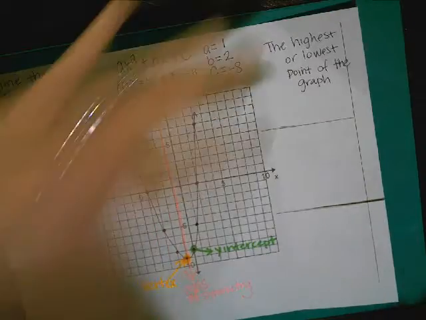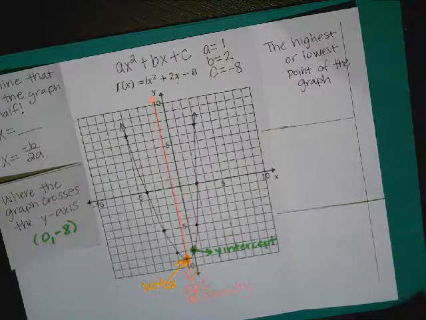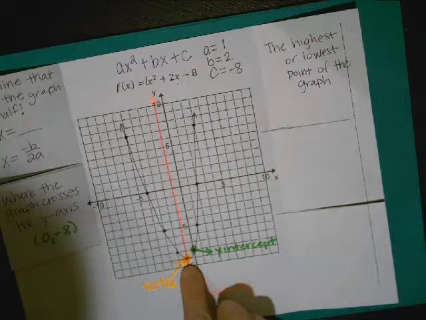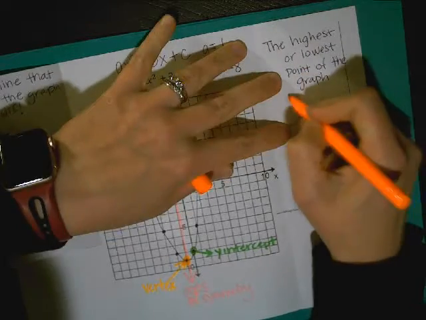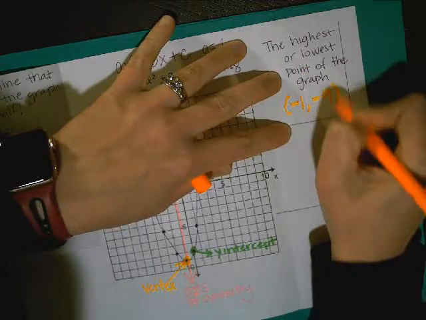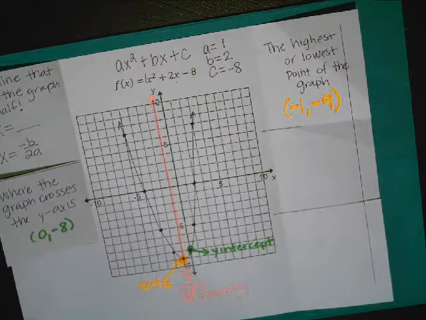The vertex is the highest or the lowest point of the graph. Okay, so on my graph here, the vertex is at -1, -9.